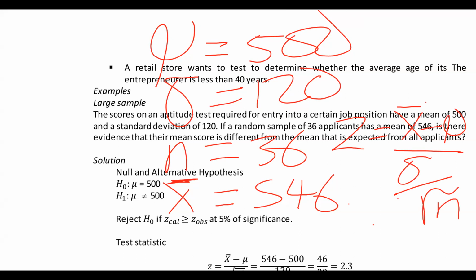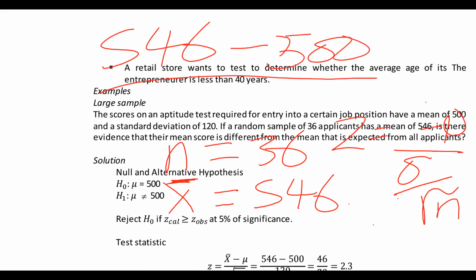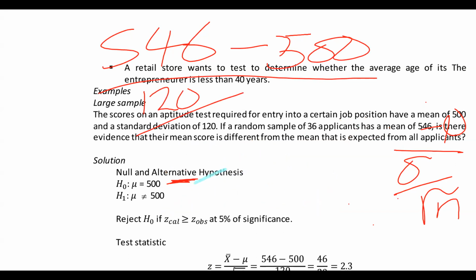So what is our X bar? Our X bar is 546 minus the mu, which is the population mean, 500, divided by the standard deviation, which we said is 120, divided by the square root of 36, because the sample size is 36.